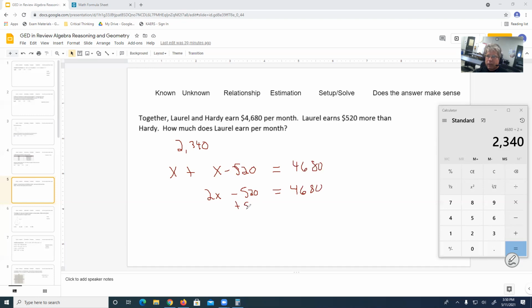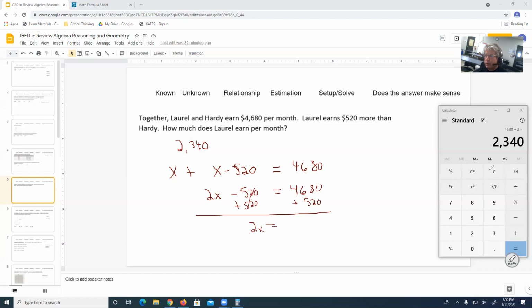So I can zero that out by adding 520 here, but if you add 520 here, the property of equality says you have to add 520 on the other side. So this would zero out, and 2X equals this.